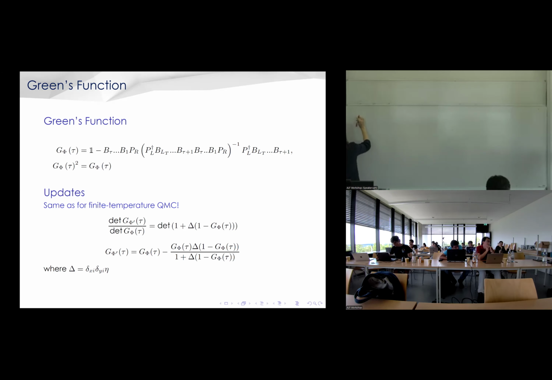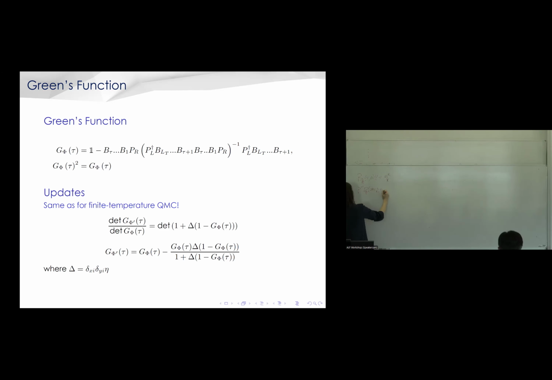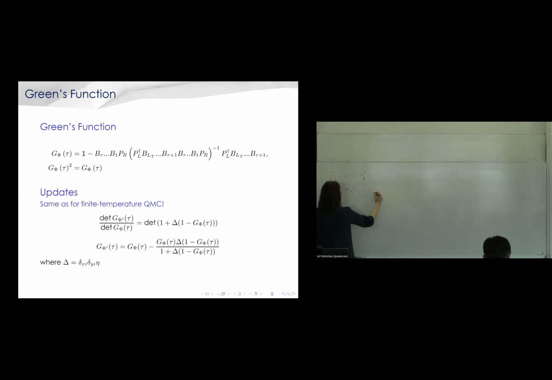So to write in a compact form, if we have the B matrix for configuration phi times 0 times P, I'm going to call that the B matrix for the right side. And then P transpose, then the B matrix for the rest of it, let's say 2 theta plus beta tau. This would be the B matrix for the left side.